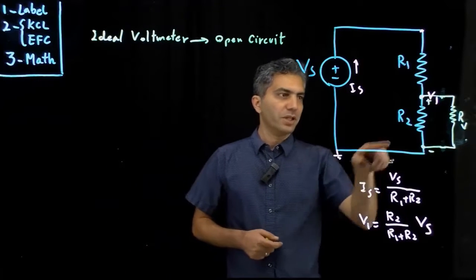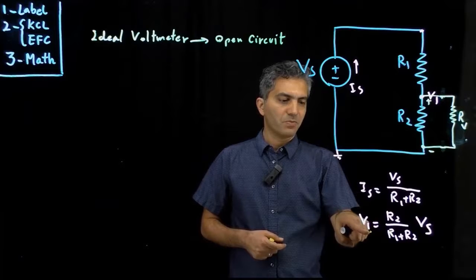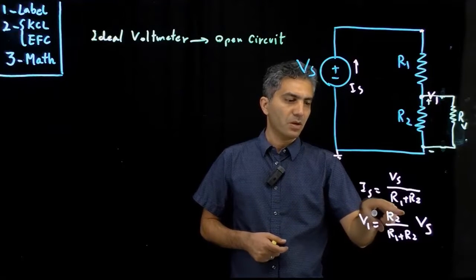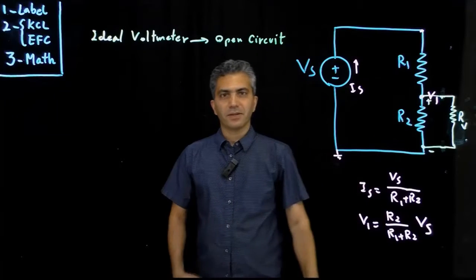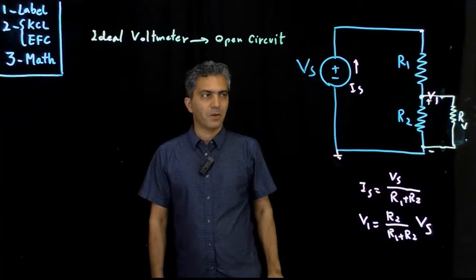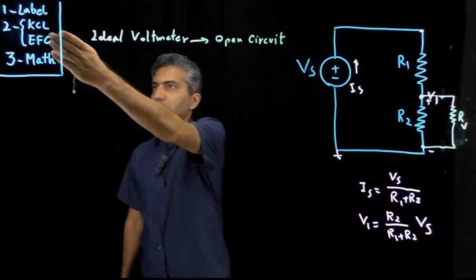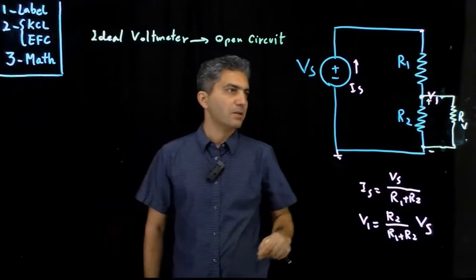So originally the voltage of the circuit was V1, which was R2 over R1 plus R2 times Vs. Let's now calculate the voltage of the circuit. Okay, so to do that, again, we can resort back to basics.